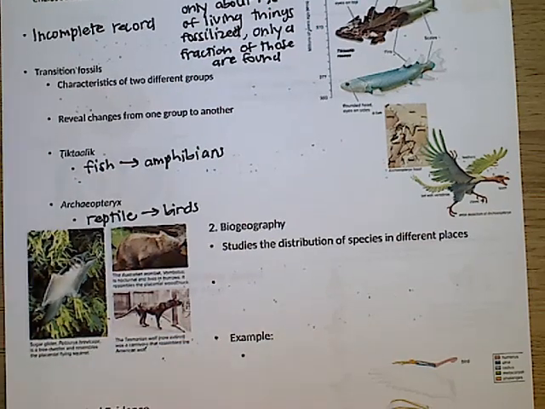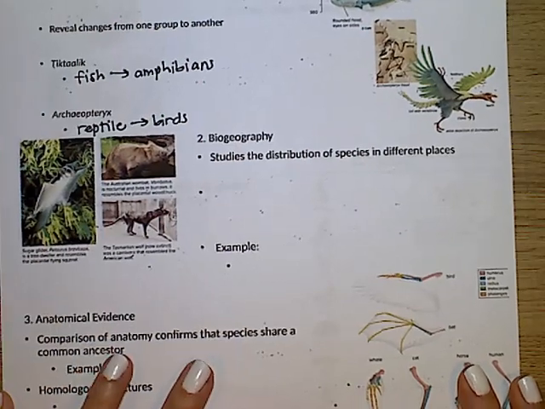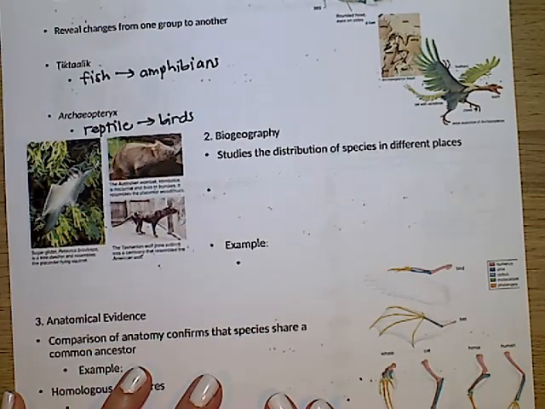And onto biogeography. This is the distribution of species in different places.